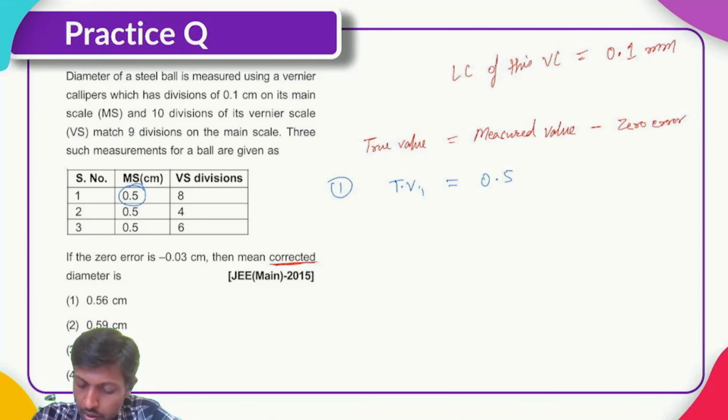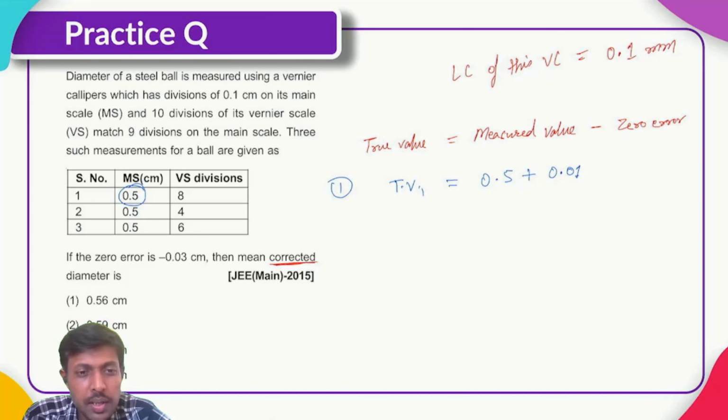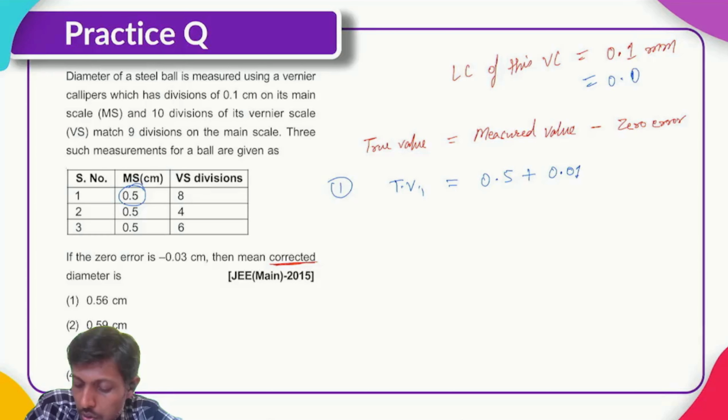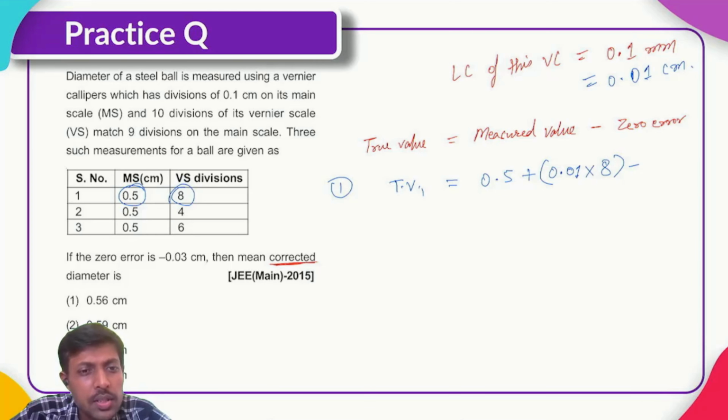Measured value is main scale reading 0.5 plus least count, that is 0.01 in centimeters. I'm writing the least count. Okay, 0.1 mm is 0.01 centimeters. That's the least count. So 0.01 multiplied by this 8, minus, how much is the zero error?